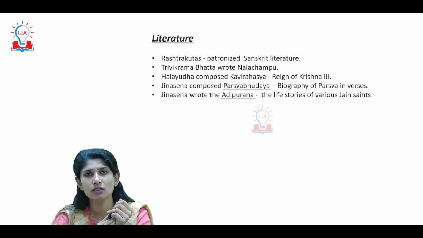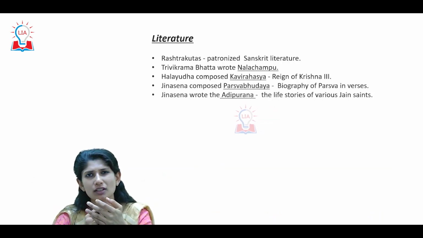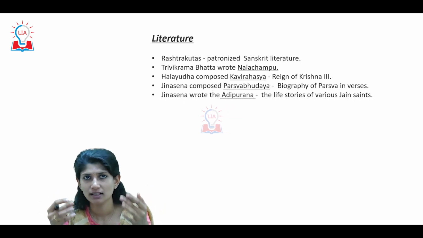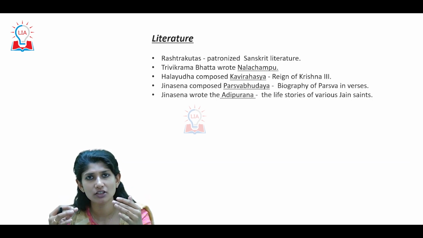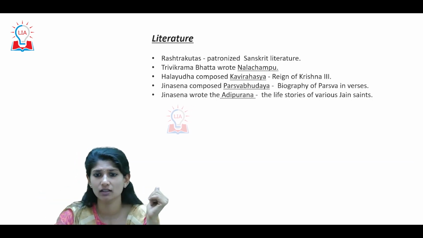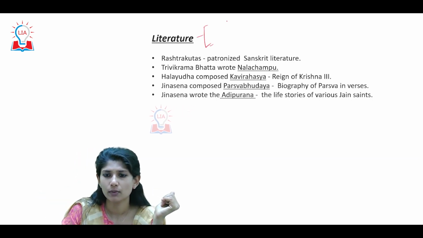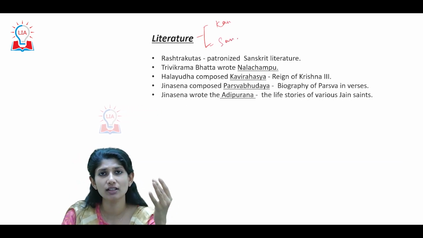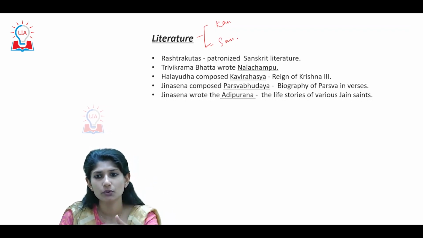Literature flourished again, as we spoke about with the Rashtrakutas and Amogavarsha. Among the cultural achievements, literature reached a pinnacle. Two languages, Kannada and Sanskrit, got good exposure, and good literary works were produced in both.